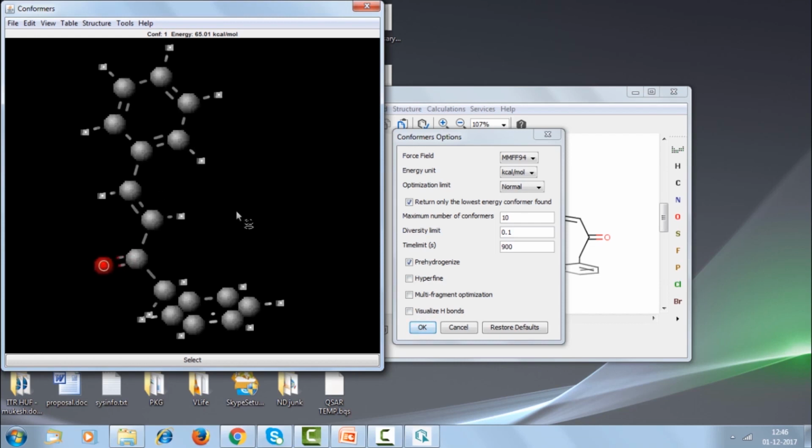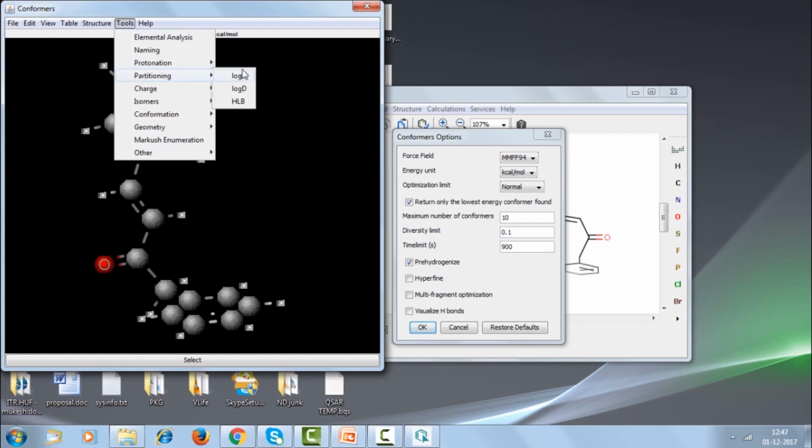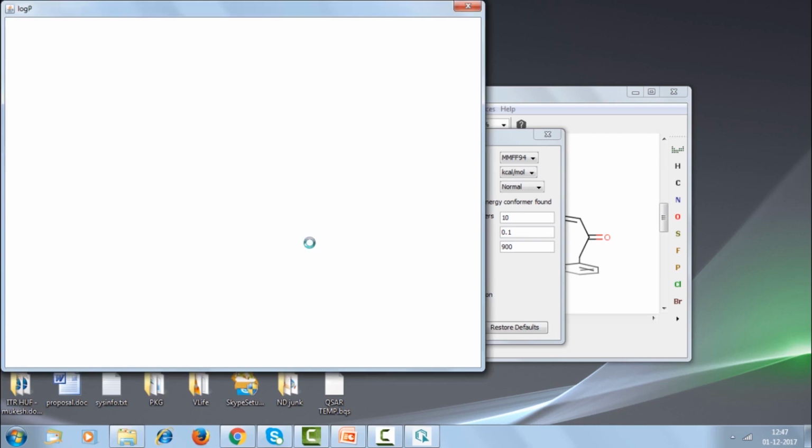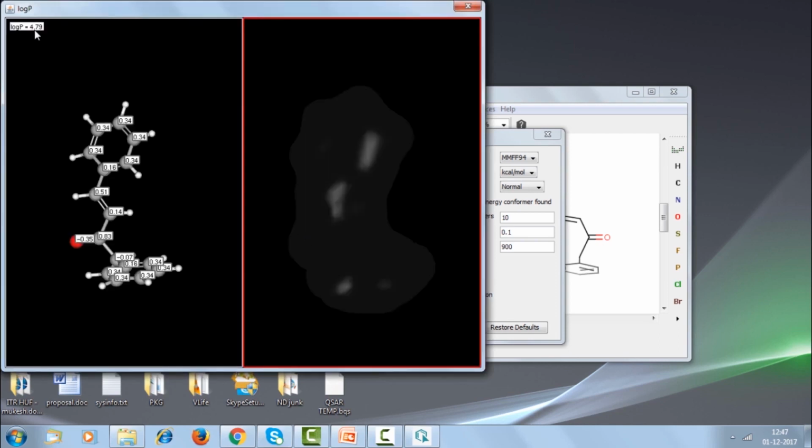We can do a lot of data calculations. For example, I can calculate log P of this molecule, as you know, log P is most important. We can give the ChemAxon type of log P, and it gives you the value. It is highly hydrophobic, you can see 4.7, and this is a group contribution method based log P. So all these carbons are given certain values, and the oxygen gets a negative value.